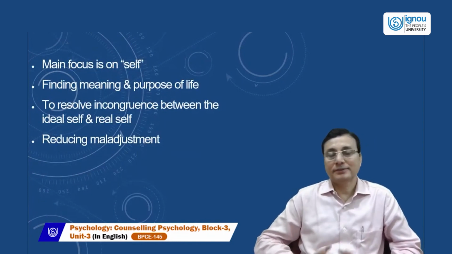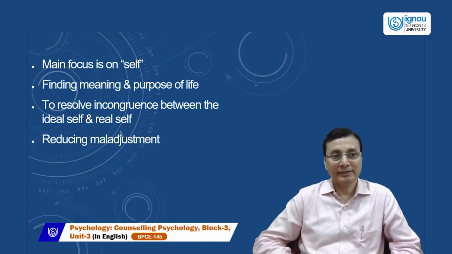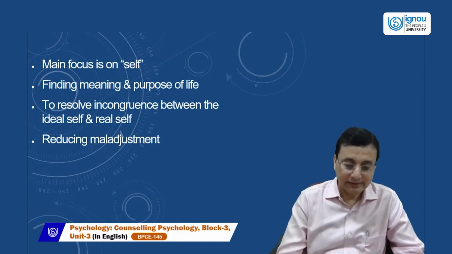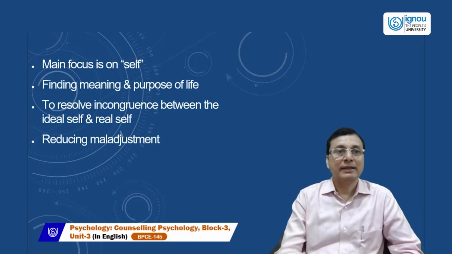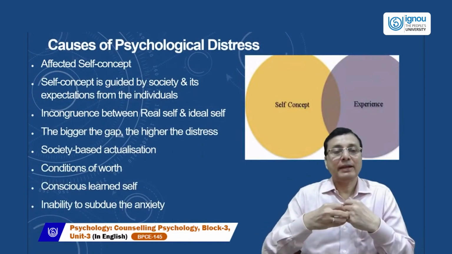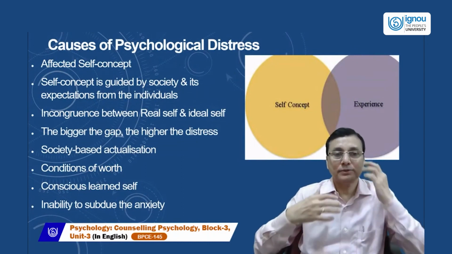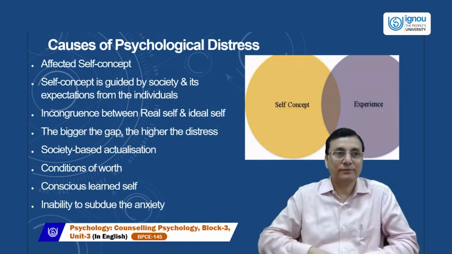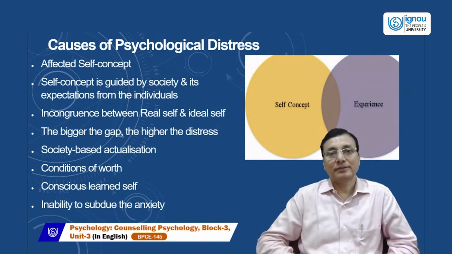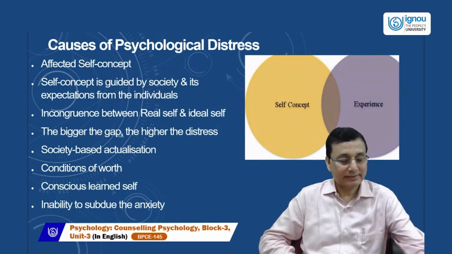The main focus is on the self, finding meaning and purpose in life, resolving incongruence between the ideal self and real self, and reducing maladjustment. So let us see the incongruence between ideal self and real self. Real self means whatever I am, and ideal self means what I want to show myself to be in front of others. The cause of psychological distress, according to Rogers, is that it is affected by self-concept.